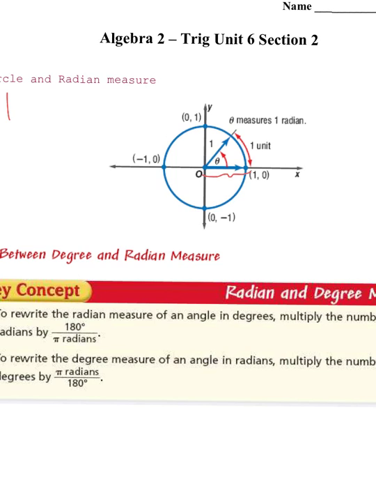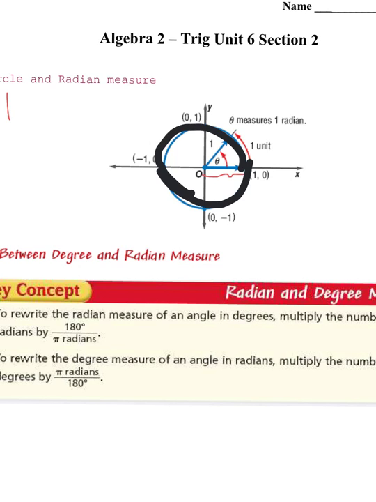Now if we think about a circle and we're trying to find this distance around the unit circle, again remember the radius is 1.